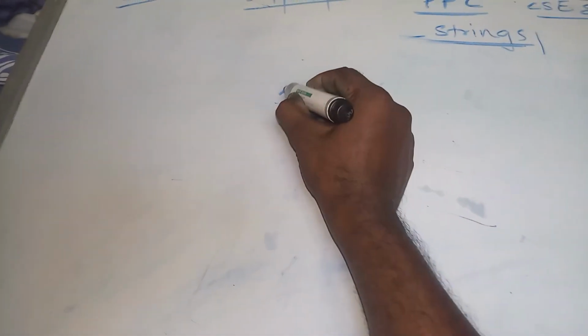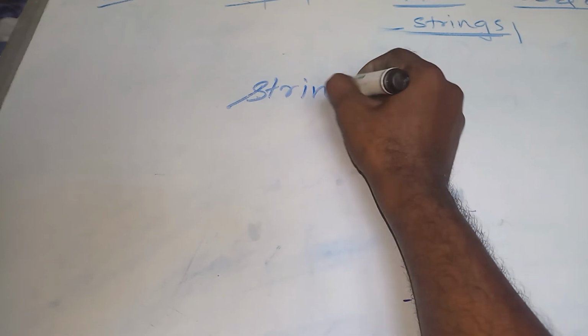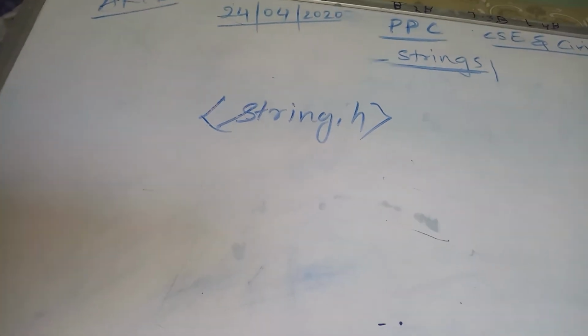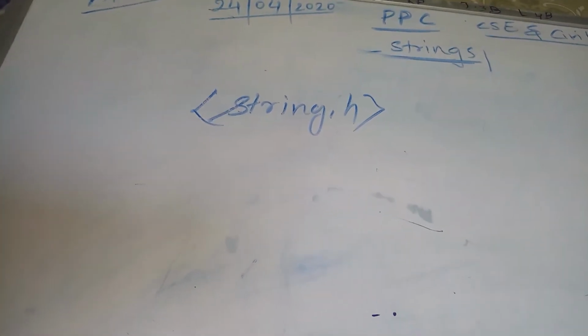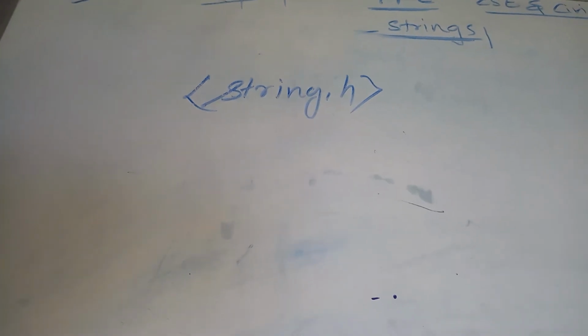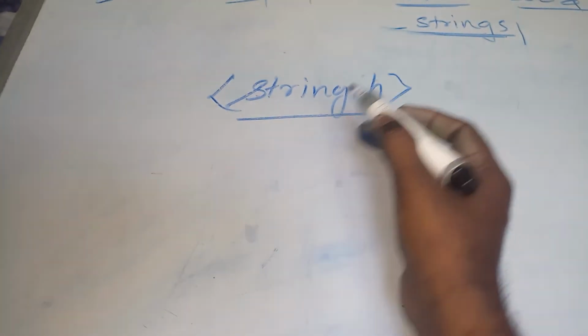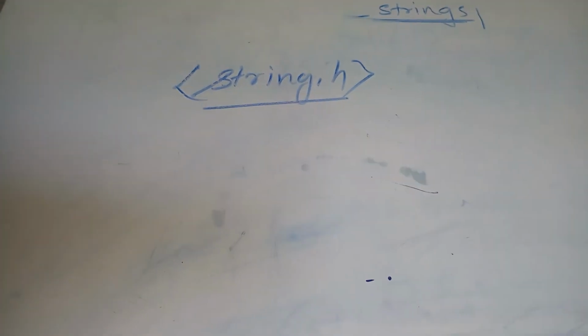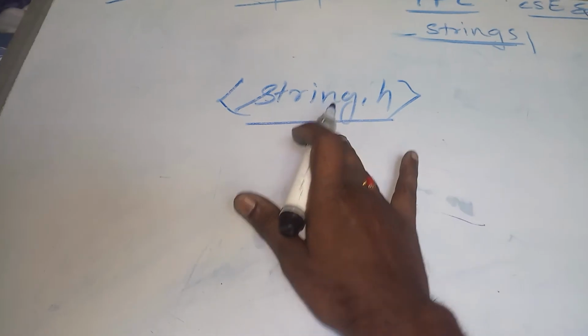If you want to perform any operations using the strings concept, we go for string.h. String.h is a header file available in the C library that we use to perform modifications on strings. It contains many predefined functions.